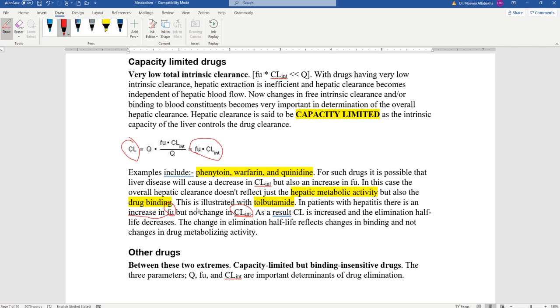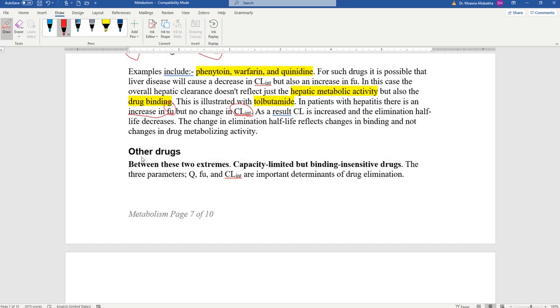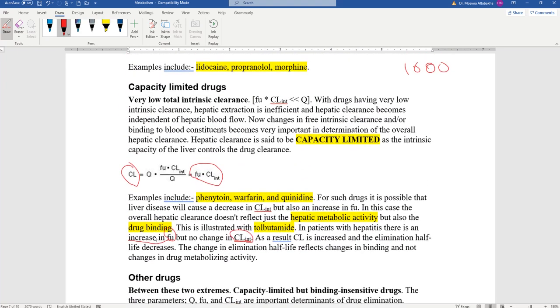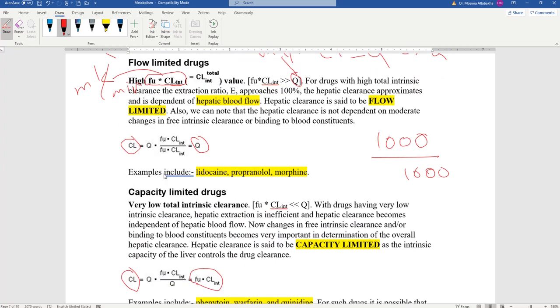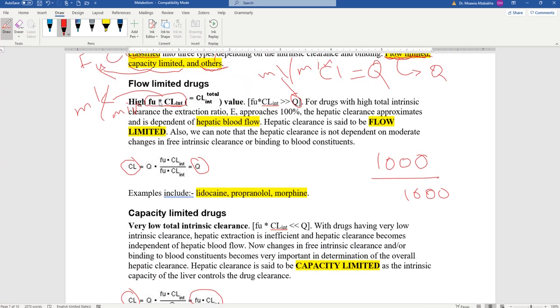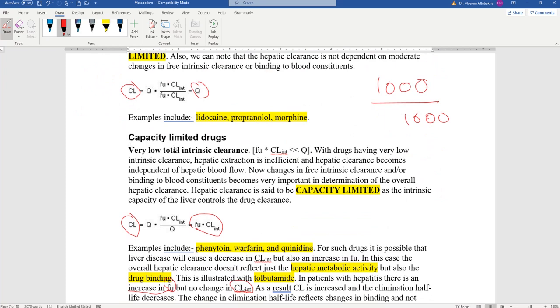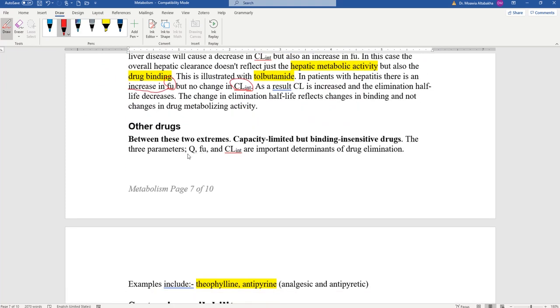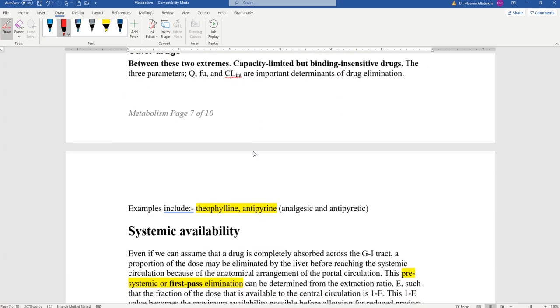Okay? So you have to take both factors into consideration. Other drugs that are in between, they are not highly extracted, so they are not flow limited, nor do they have low extraction ratio, so they are not capacity limited drugs. So all the factors are important, and examples are theophylline and antipyrine.